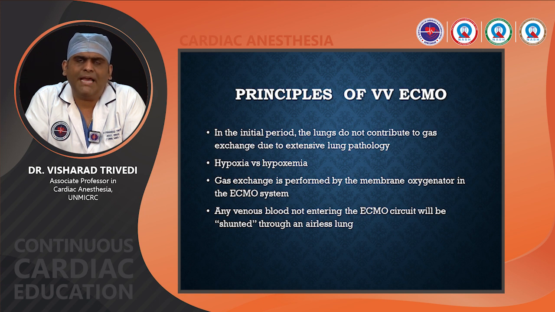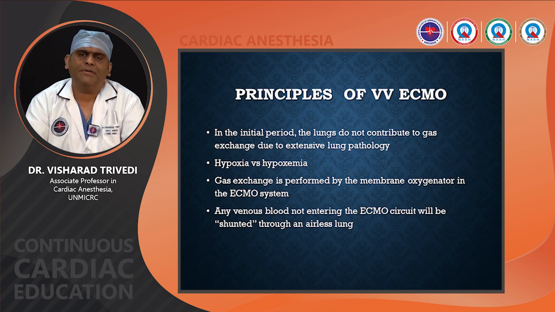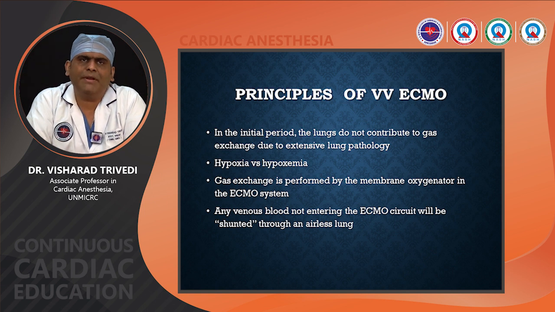You have to accept that saturation of 80-85%, but you have to simultaneously maintain the hemoglobin level, and so the oxygen carrying capacity of the blood, to maintain oxygen delivery to the tissues.